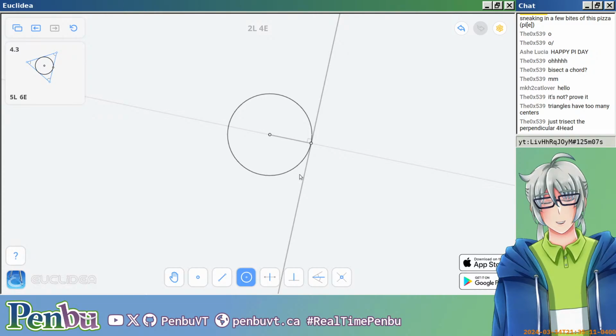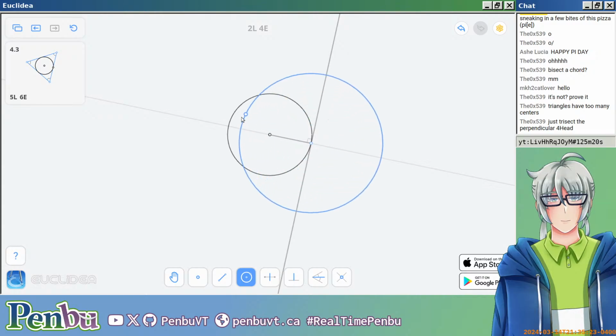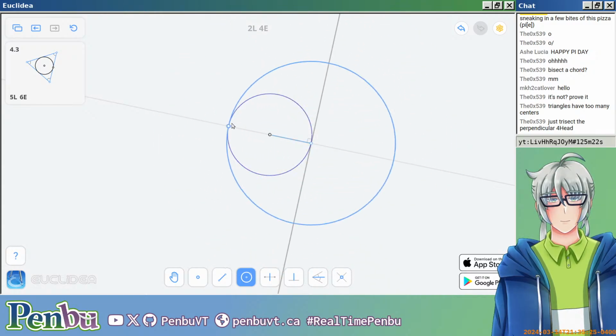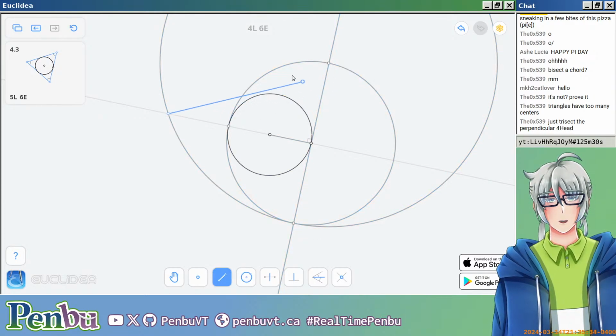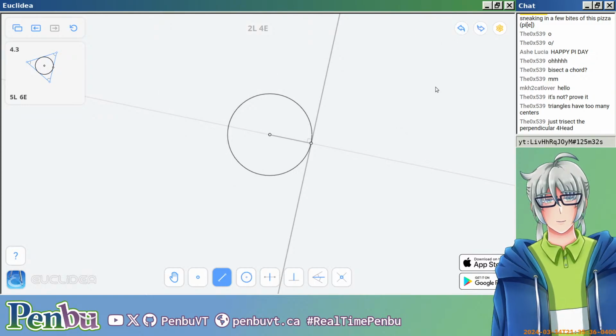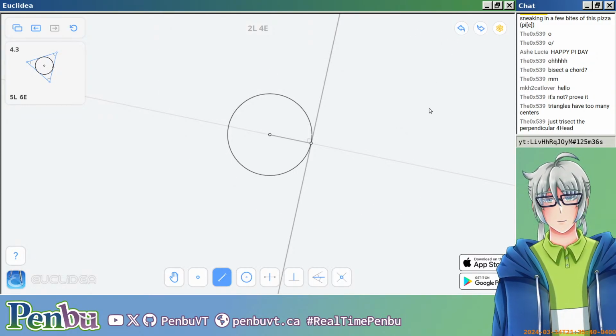So how do you construct 60 from this line here? We know how to get 60 though. Well, I mean, maybe. I don't think so. Yeah, I didn't think so. How do you get 60? Wait, hold up.